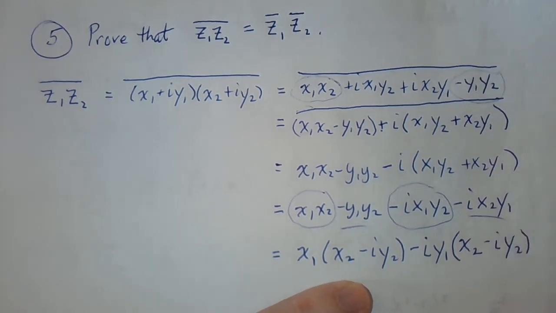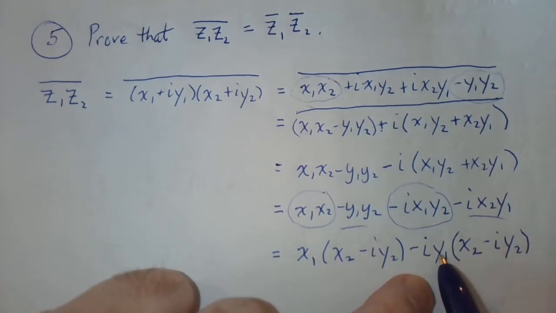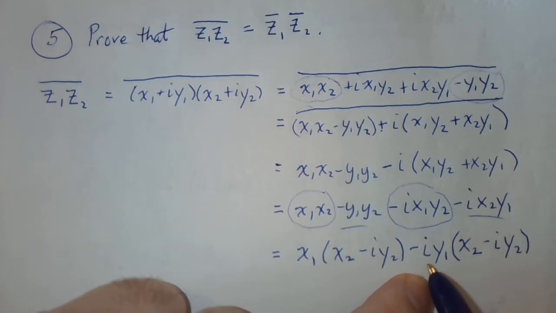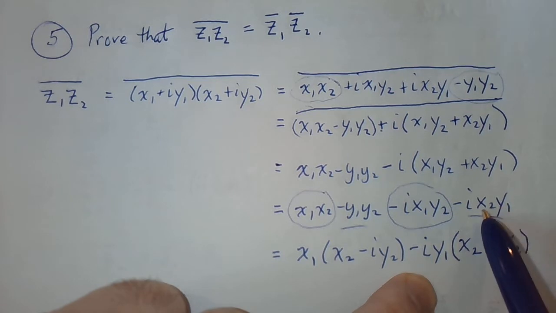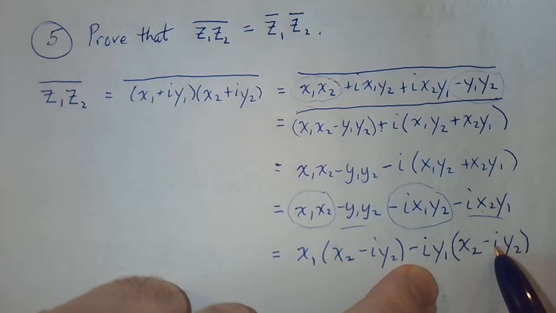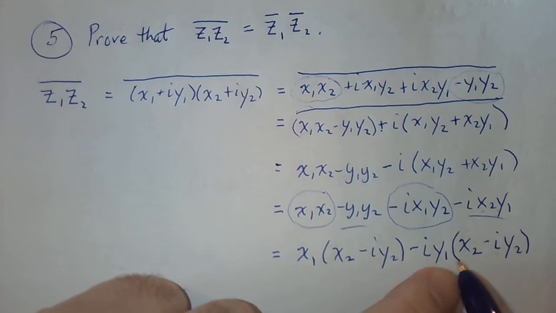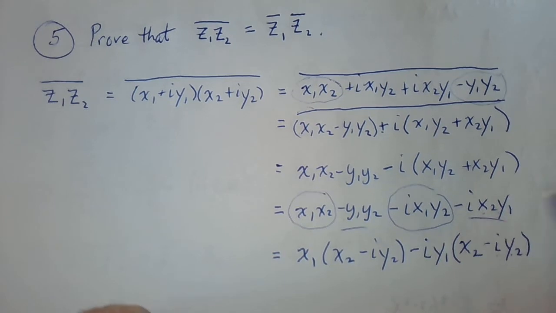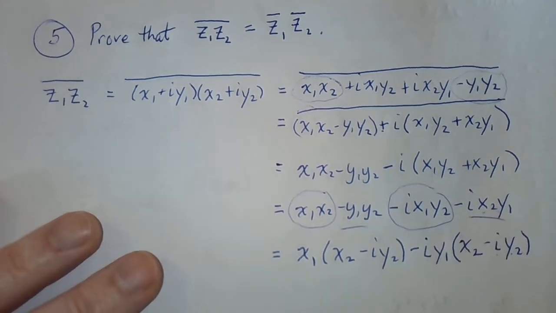Now let's verify that. Let's distribute this through and make sure we get these two terms. Well, we know it works with the first one, negative i x2 y1. That's this right here, negative i x2 y1. Now when we multiply these two, a negative i times a negative i is positive i squared, which is negative 1. Negative 1 times y1 y2 is negative y1 y2. So these two lines are equivalent, and we continue with our factoring.